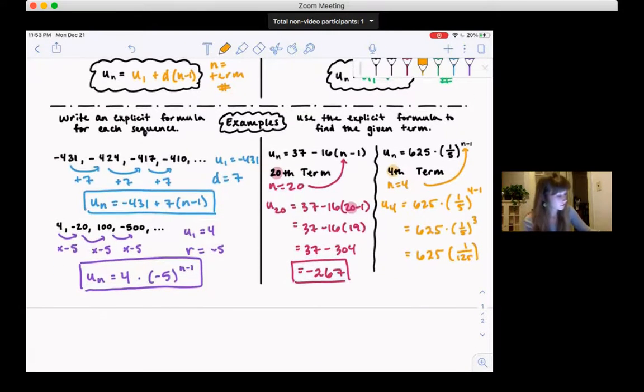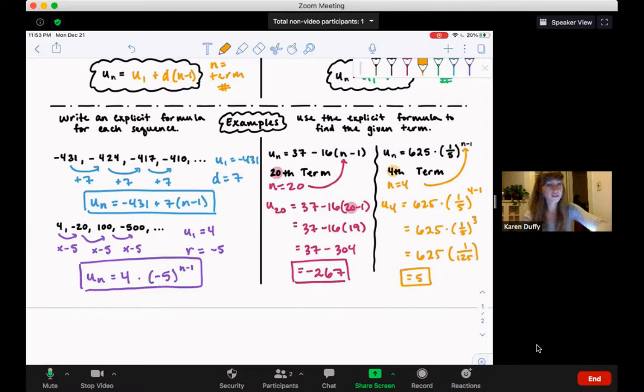And then I just need to do 625 times 1 over 125, or you can do 625 divided by 125, and we end up with 5. So the fourth term in this sequence is 5. And we were able to figure that out using only the term number and the explicit formula. All right, so that's an overview of explicit formulas for sequences.